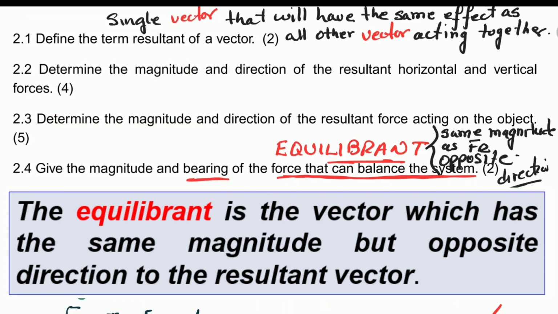So I highly recommend you to write those two notes. Equilibrant is the force that has the same magnitude as the resultant force, but it acts exactly in the opposite direction. So they must be along the same line.